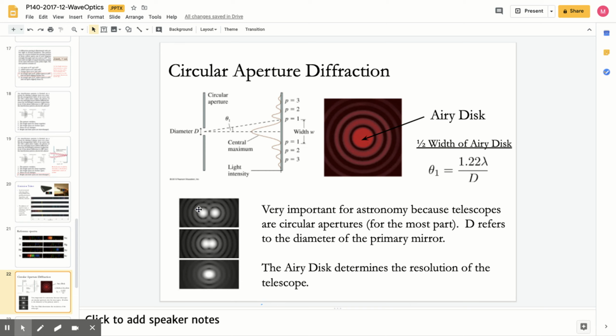And the airy disk created by my telescope is going to tell me how close those stars can be in order for me to be able to detect them with my telescope and not see them as one image. There are also applications for cameras, for microscopes. So the airy disk and circular apertures come into play in lots of different areas.